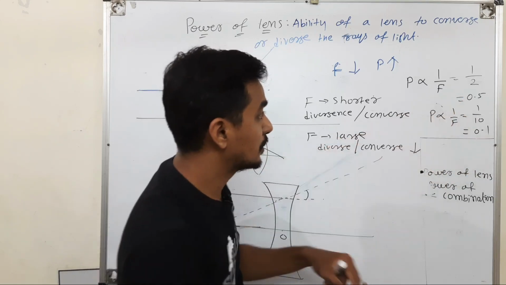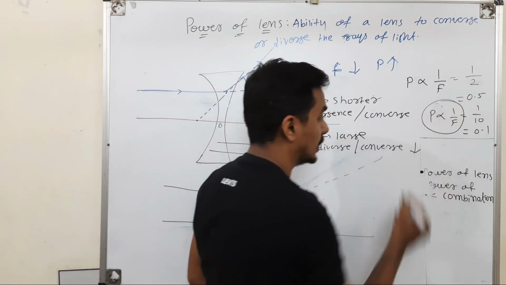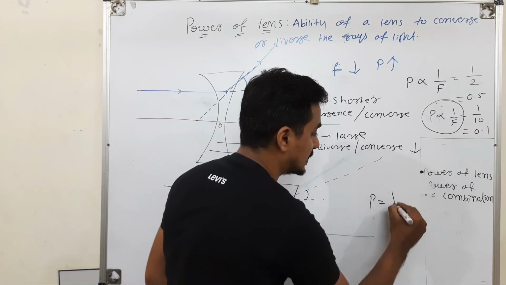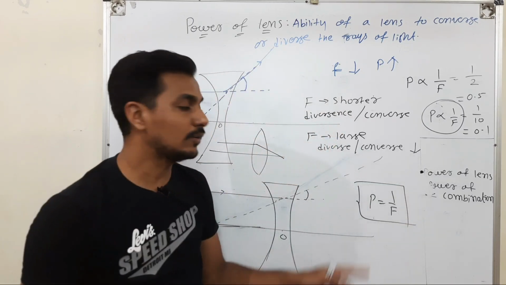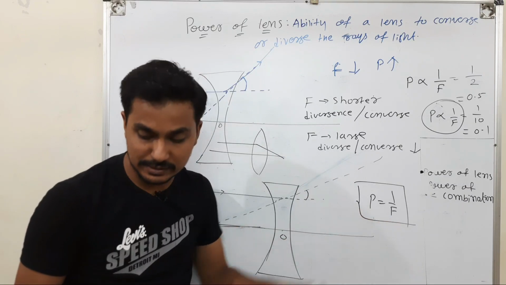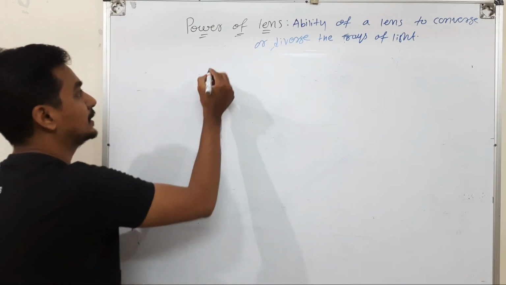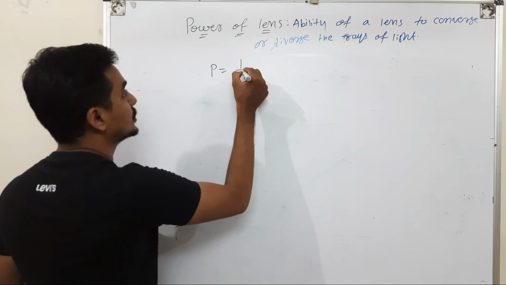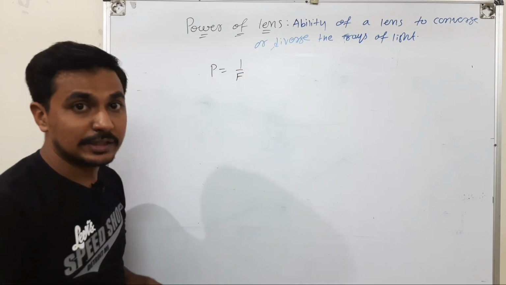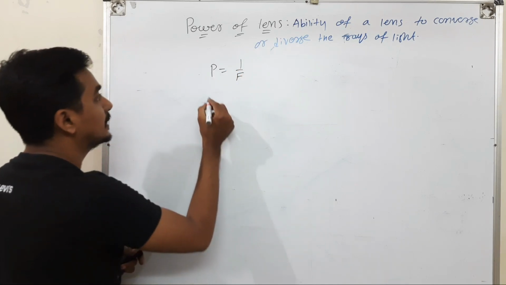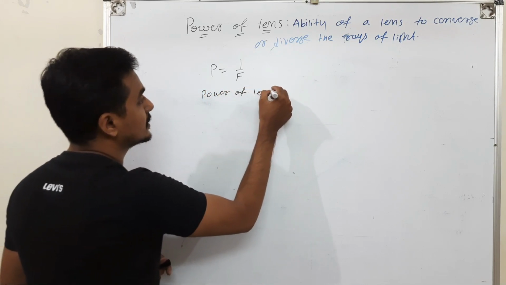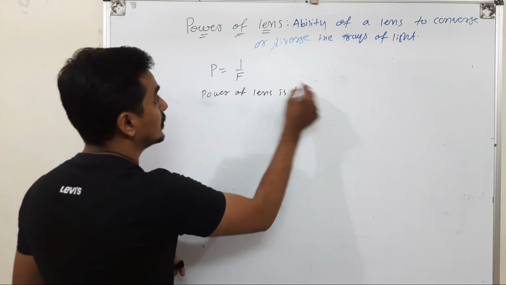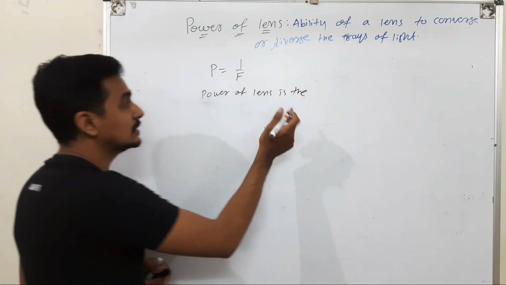So here the proportionality sign can be removed and we can write P is equal to 1 by f. This is our formula of power of lens. So there is a new definition of power: 1 by f means it is the reciprocal.